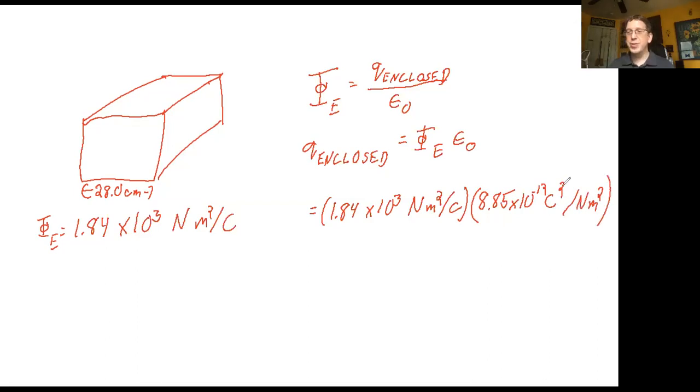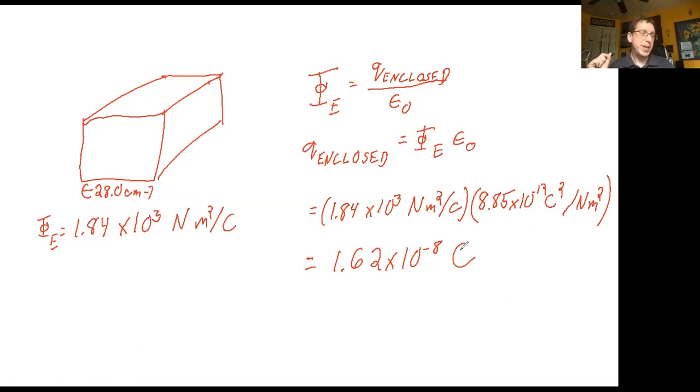You see the Newton meter squared terms cancel out, but only one of the two Coulomb squared terms cancels out, so you'll get an answer in coulombs. And when you do the math, you get 1.62 times 10 to the negative 8 coulombs. And that's the total charge enclosed inside the cube.